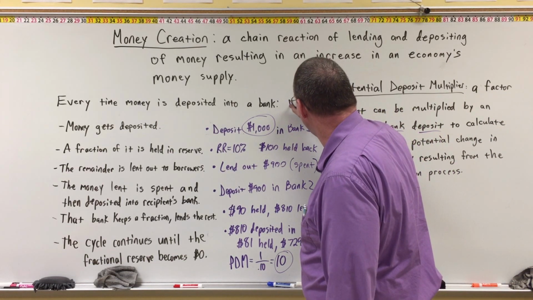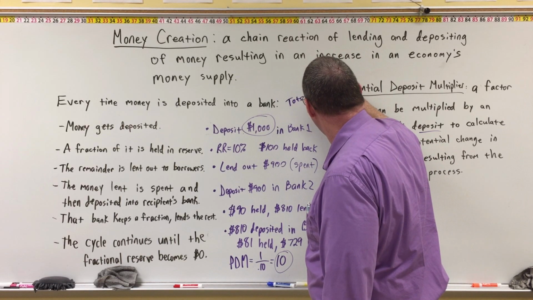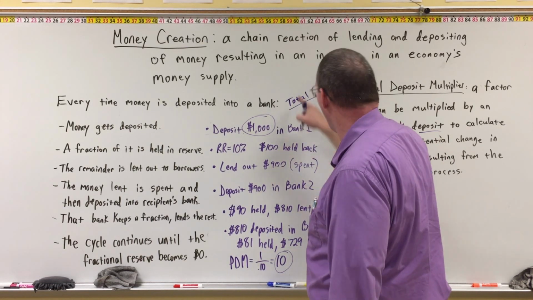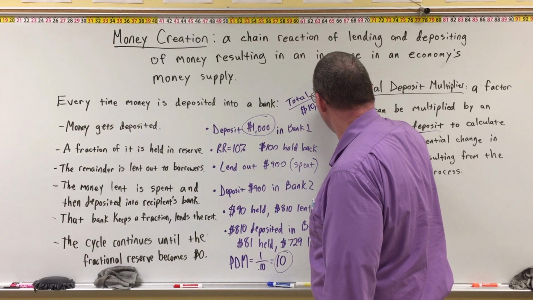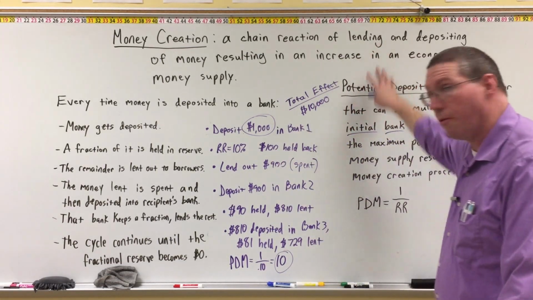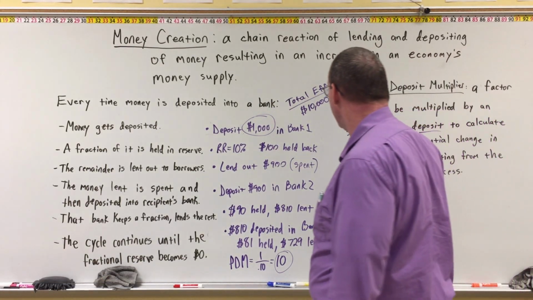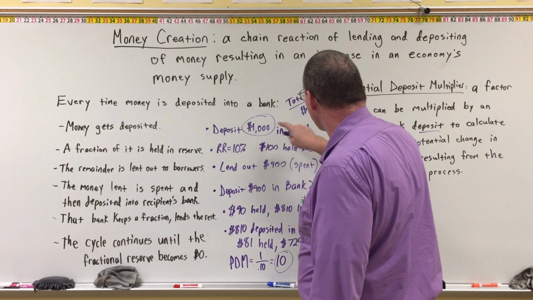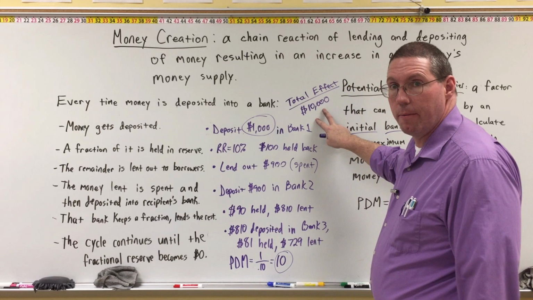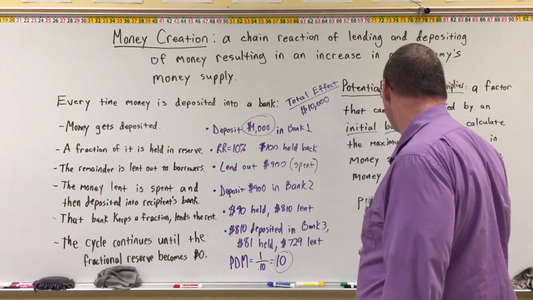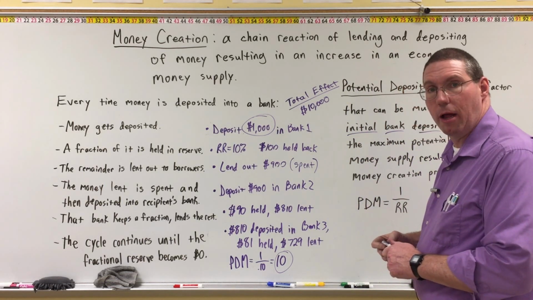So here, the total effect on the money supply in this example is going to be $10,000, just like I showed you before when I put it in orange. Okay, that would be the total effect. And notice that 1,000 is 10% of 10,000. That's not by accident.